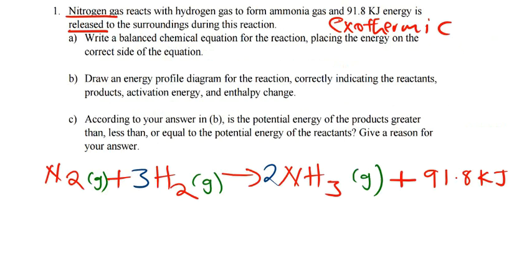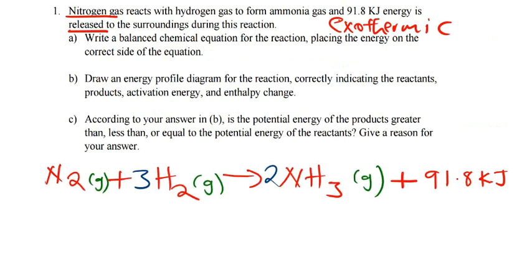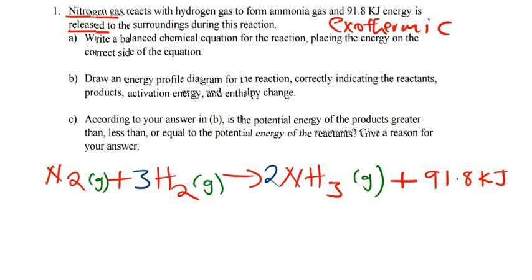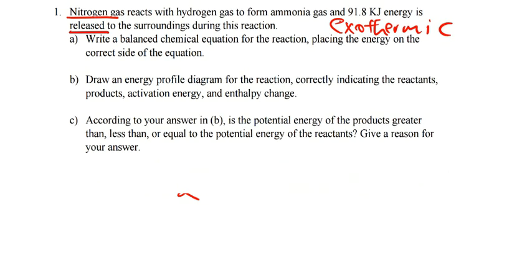Question 1, B: we have to draw the energy profile diagram for the reaction, correctly indicating the reactants and products, activation energy, and enthalpy change. So this is an exothermic reaction. Okay, so I'll remove this just so that we can have enough space. Energy profile diagrams are usually of 2 types. There's one which is like this, and then there's one like this.